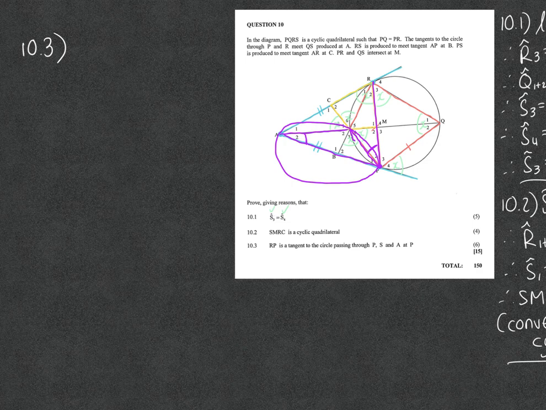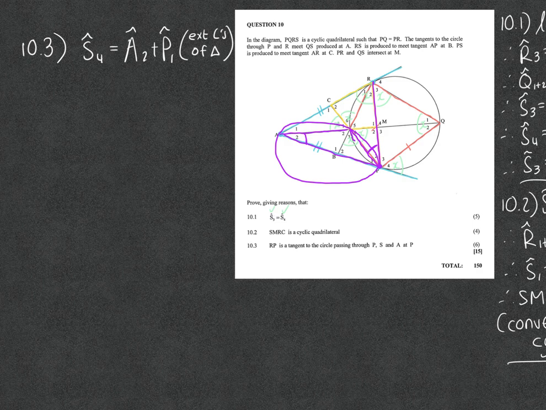So when I say that, S3, or let's say S4 first, do you agree that S4 will equal A2 plus P1? And that's because of exterior angles of a triangle.